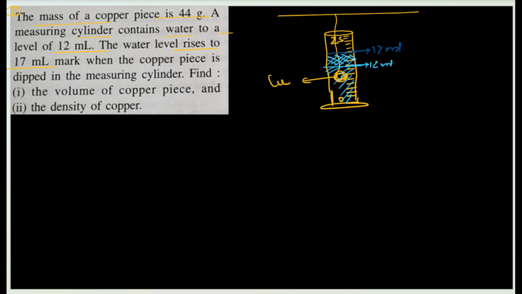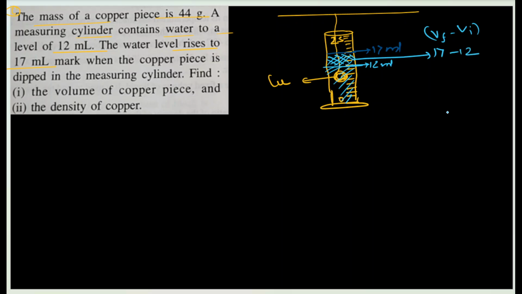So how can you take it out? 17, that means final volume minus initial volume. So Vf minus Vi will give you the actual volume by which the level rises due to the copper hanging. So 17 minus 12.